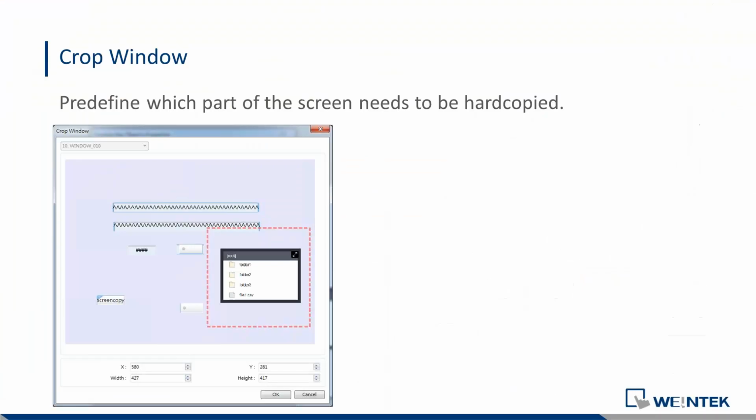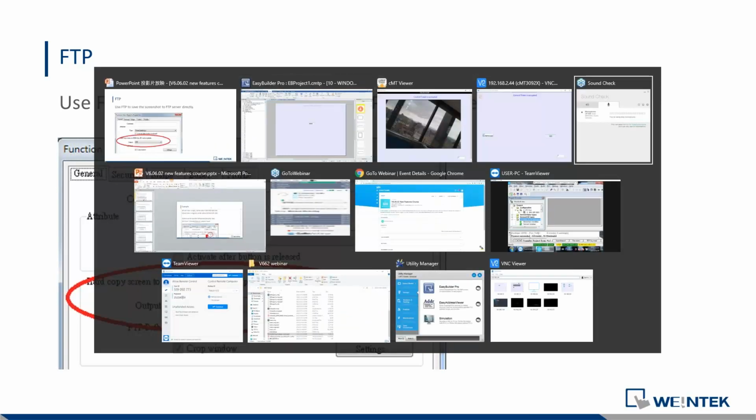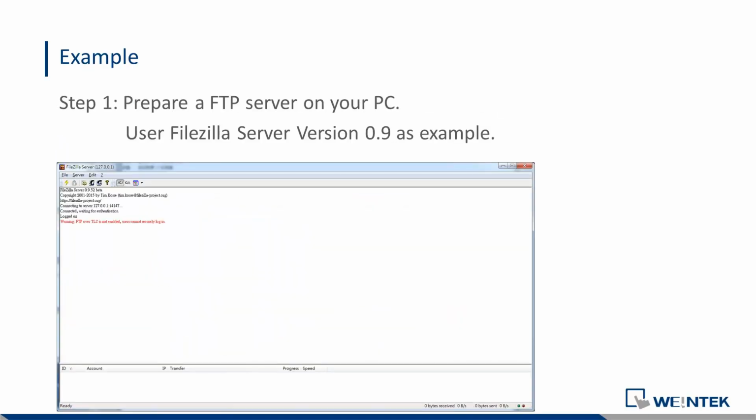And about the FTP, we can use FTP to save the screenshot to an FTP server directly, so you don't need to insert a USB disk or SD card. You can choose FTP directly. First of all, you need to install an FTP server on your PC.